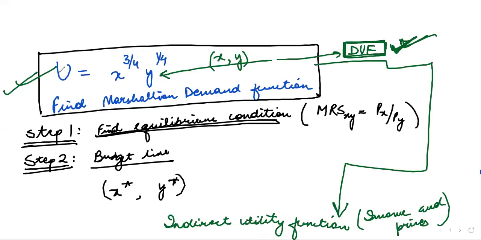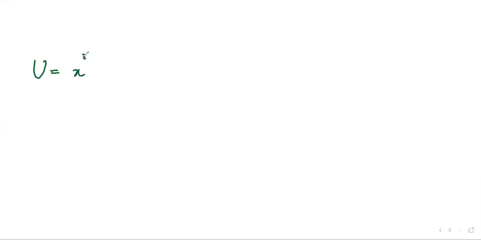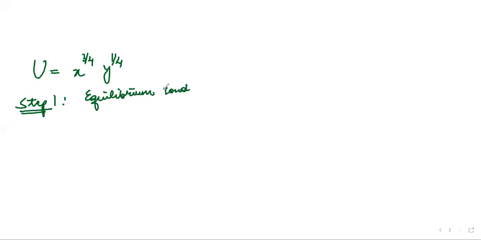So U is given as X to the power 3 by 4 and Y to the power 1 by 4. Step 1, equilibrium condition is MRS equal to PX by PY.